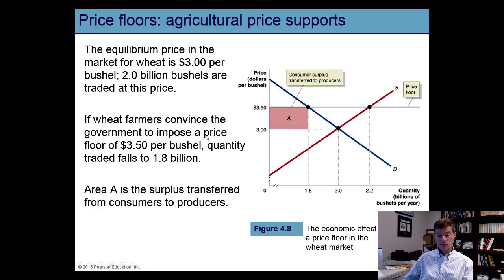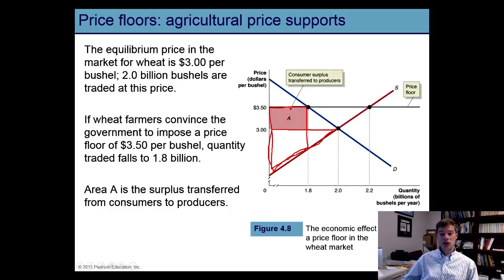Before the price floor, producers had the area under the price level and above the supply curve. With the price floor, the area under the price level, which is $3.50, and the area above the supply curve is this trapezoid.